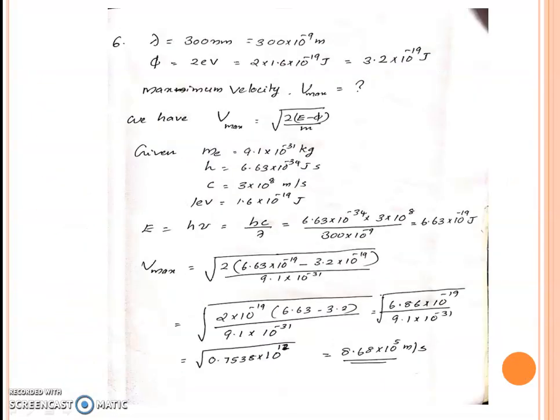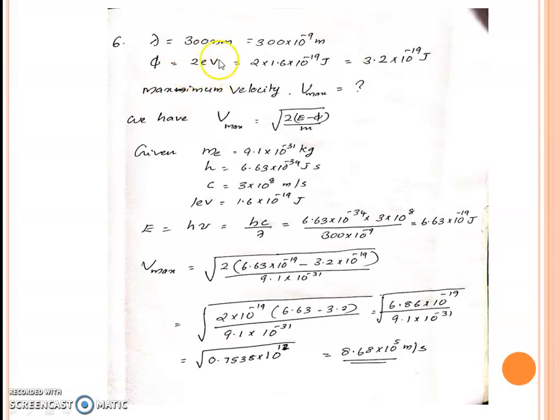We have to calculate the maximum velocity of the ejected electron. The given quantities are lambda, that is the wavelength of the incident radiation, 300 nanometer. So we have to convert it into meter, 300 into 10 raised to minus 9 meter. And phi is 2 electron volt.